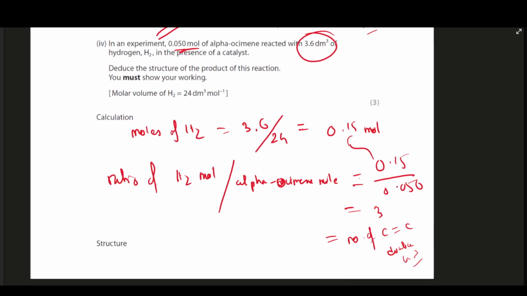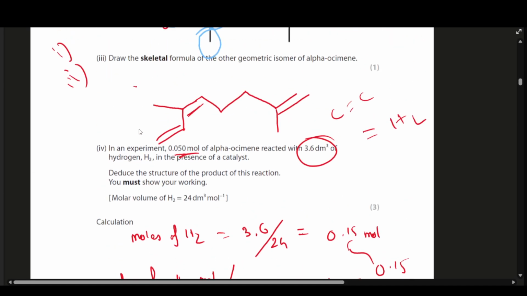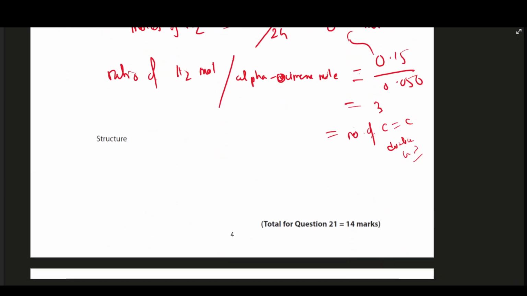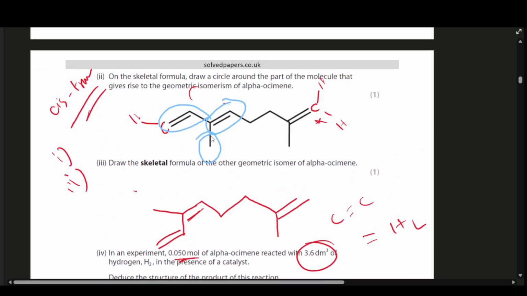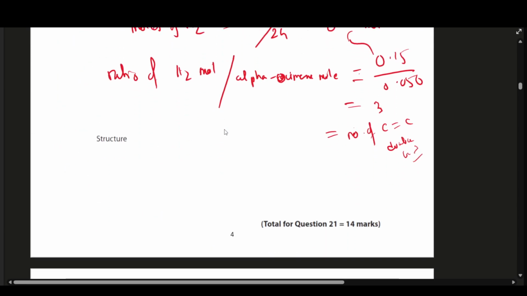And so our new structure would be what? If you just break out these bonds, not this structure, this structure. So if these 3 bonds get broken down, what comes? You have this one.